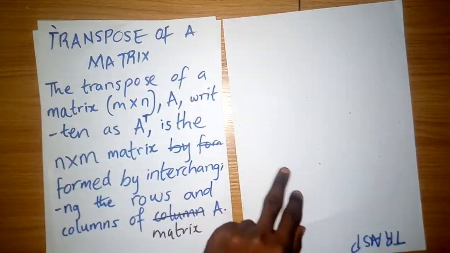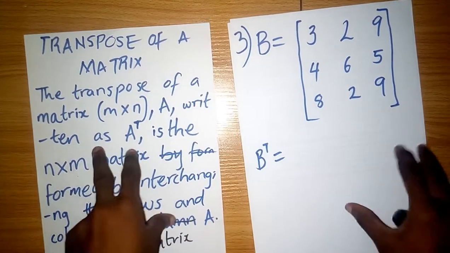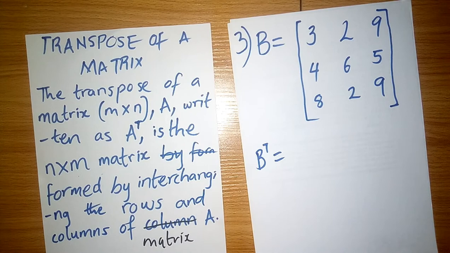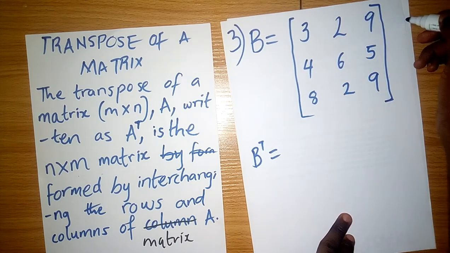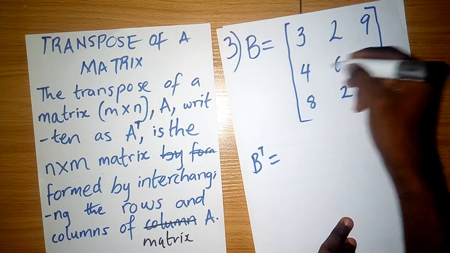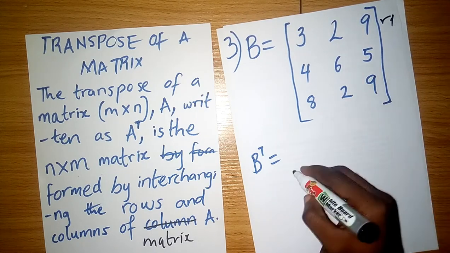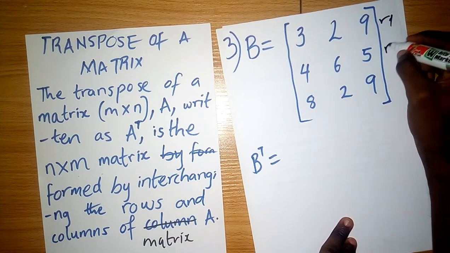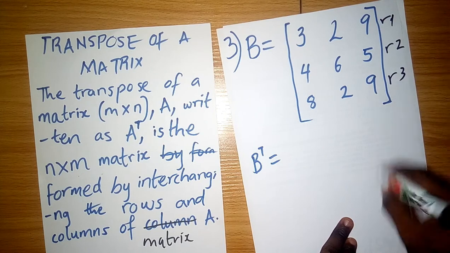Let me just give one last example. In this example, this is a 3 by 3 matrix. Remember, row 1 will become column 1, row 2 will become column 2, and row 3 will become column 3.